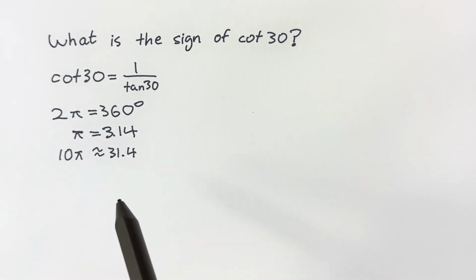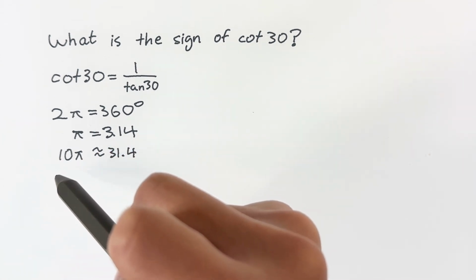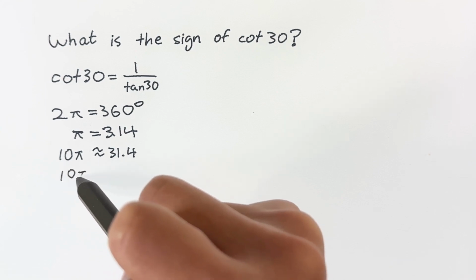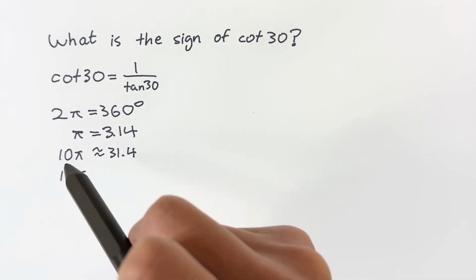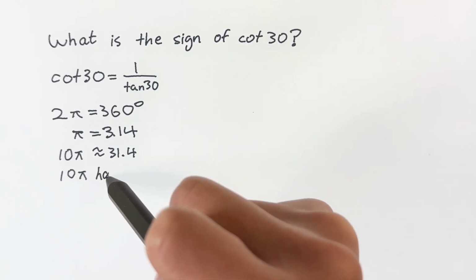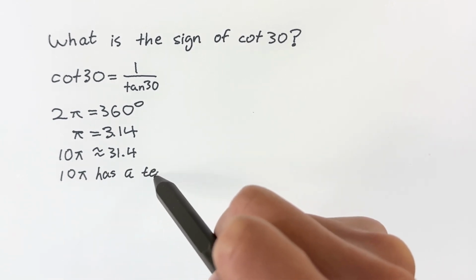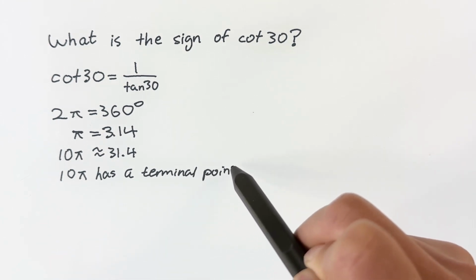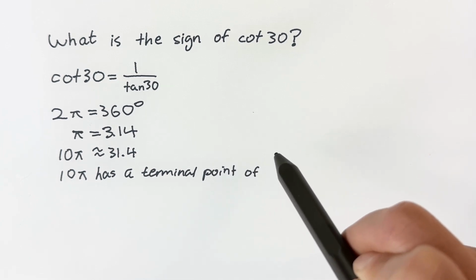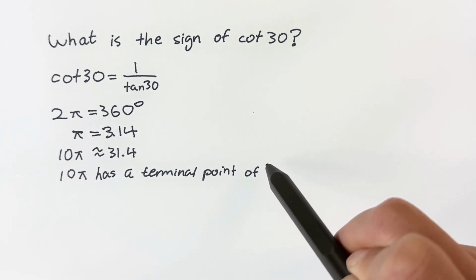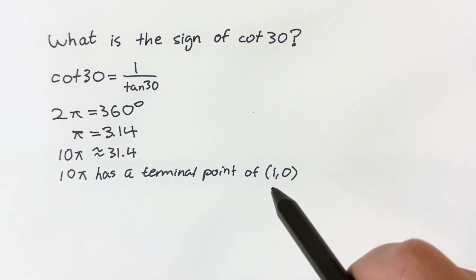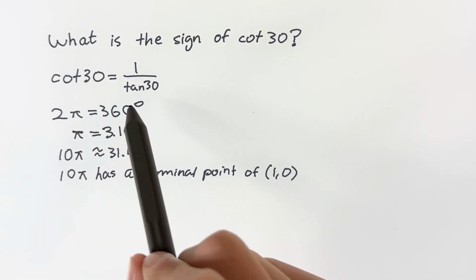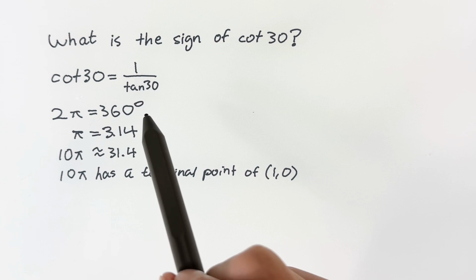Now, let's go back to radians. 10 pi in radians has a terminal point of (1, 0), because 10 pi just equals 5 times 2 pi. And then 2 pi equals 360 degrees. And 360 degrees has a terminal point of (1, 0).